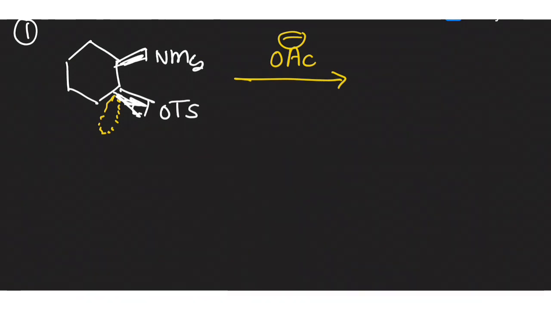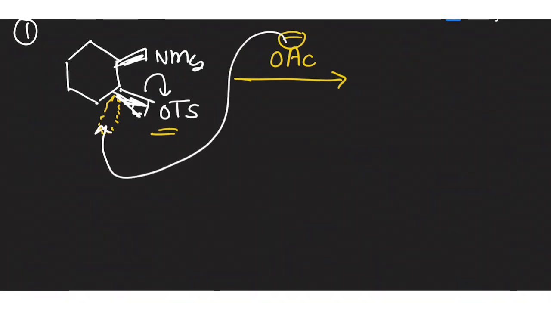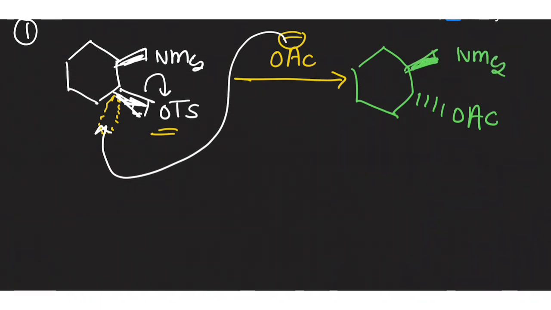Now this is the leaving group, and we know in SN2 inversion takes place: the nucleophile attacks from behind and the leaving group leaves. So we will be getting a product like this. The stereo will be changed. Inversion takes place in SN2. Always remember this. NMe2, so this is the product which we will be obtaining in case 1.